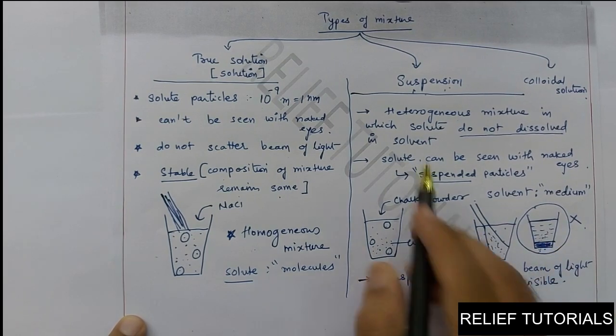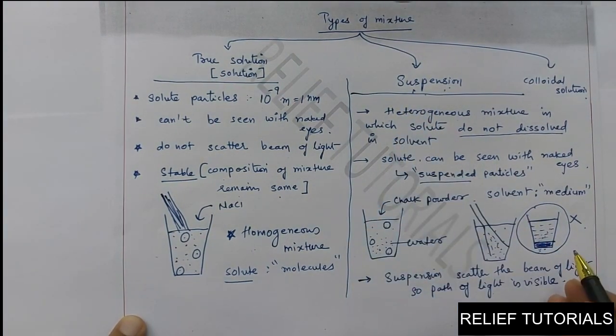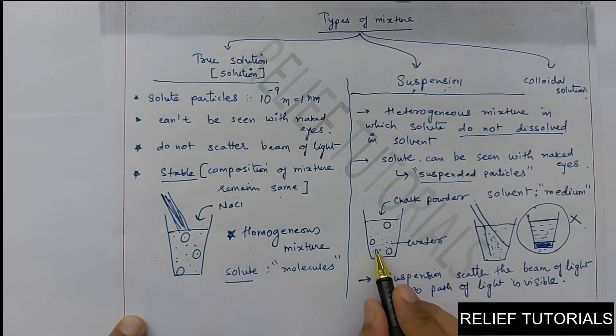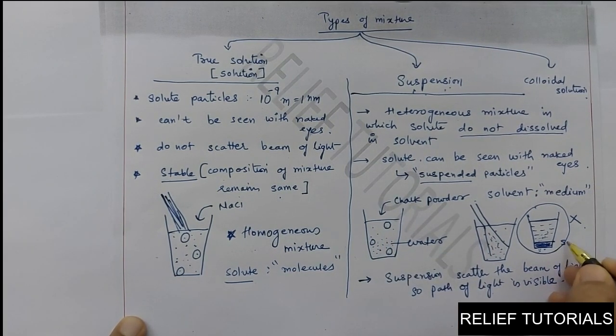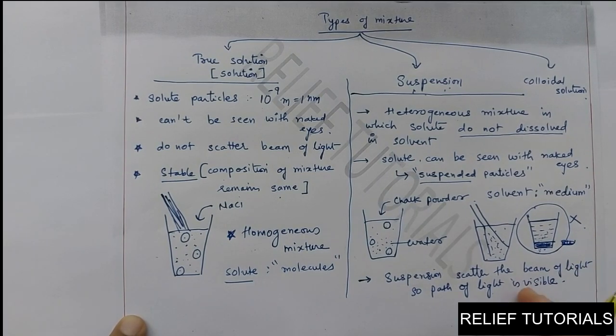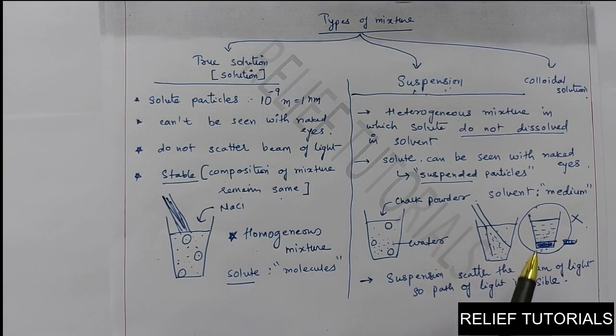There is no suspension exist here. So remember, when you place the suspension solution steady for some time, all the particles of solute settle down at the bottom, and this situation is called as suspension breaks. So here the suspension breaks, so now it is not able to scatter the light.